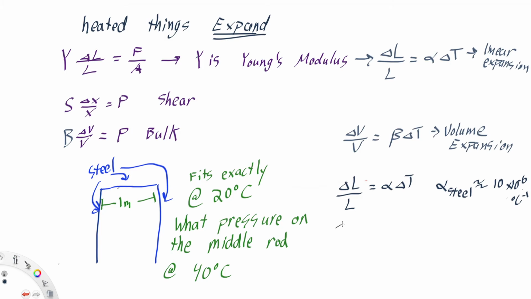So the change in length, the original length is 1 meter. The alpha for steel is 10 to the minus 5 per degree Celsius, and the change in temperature is 20 degrees Celsius.